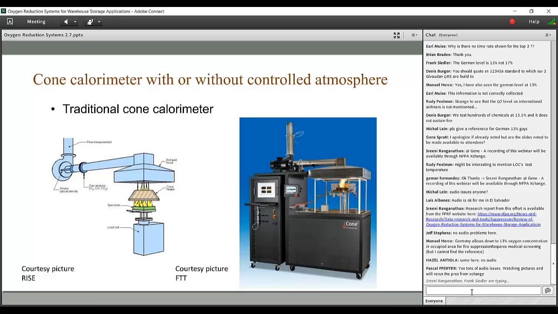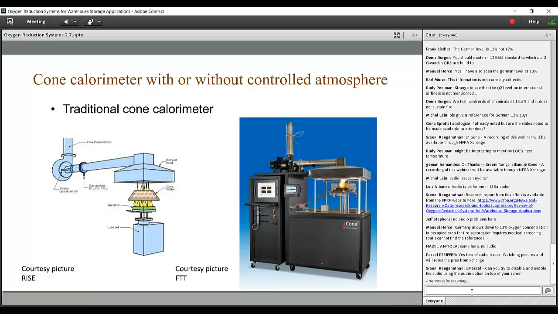You all know that worldwide there are hundreds of test methods at small scale, but one which is used a lot for research and also for modeling is the cone calorimeter.